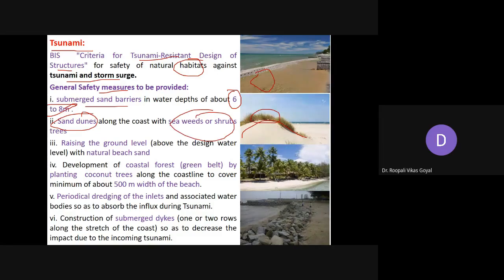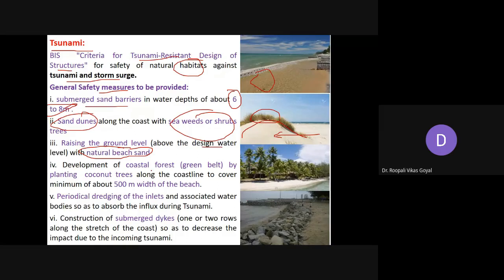Basically they will provide safety against the very high tide that is generated during a tsunami. Also you can raise the ground level above the design water level with natural beach sand, so that it will save the coastal region from whatever sea level rise occurs due to a tsunami.